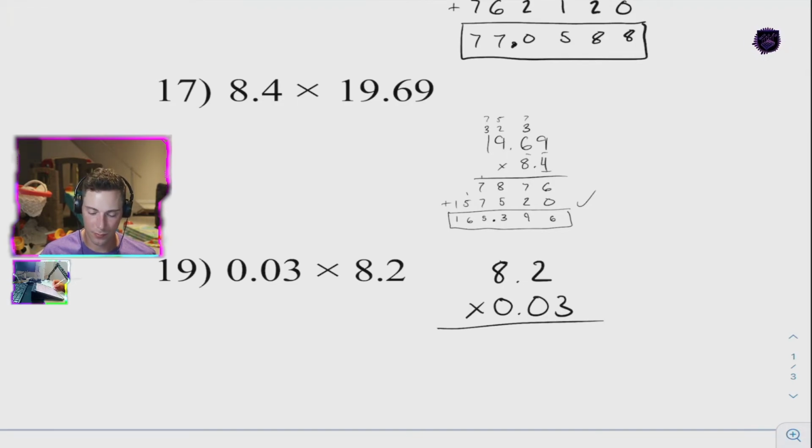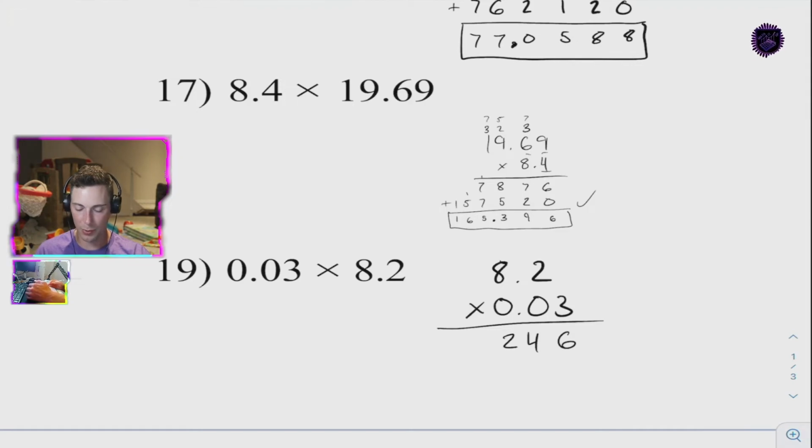Okay. 8.2 times 3, that's going to be 6, and that's going to be 24. But rather than being redundant and writing all the zeros, it's irrelevant.